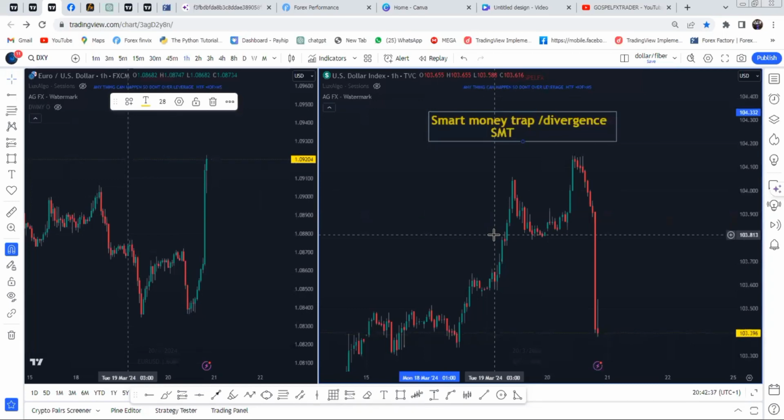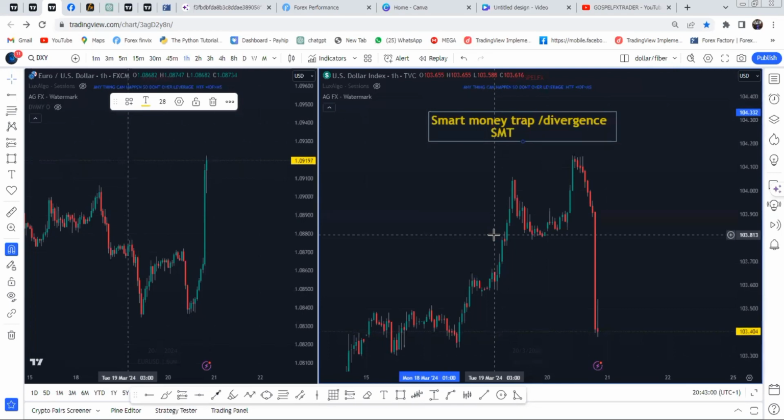Some people also refer to it as a divergence. Maybe some of you have seen RSI divergence and stochastics and all those things. This smart money trap has two things that you have to look out for.